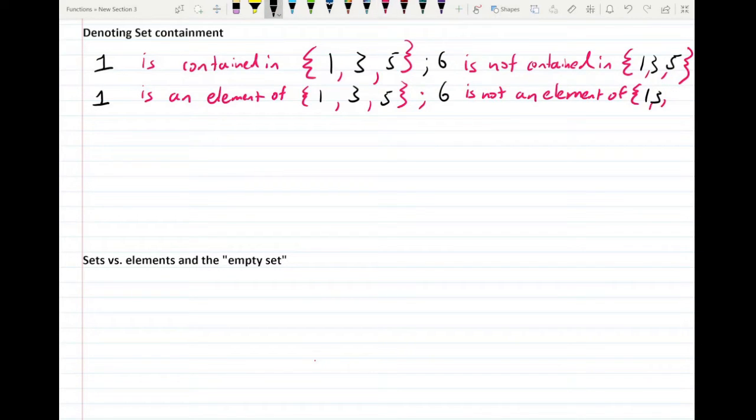And all this is pretty self-explanatory, I should hope, because you can look inside the braces and see that 6 is not in there, whereas 1 is.